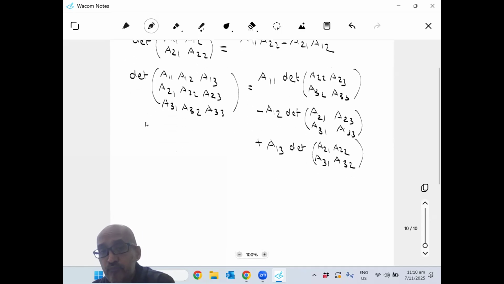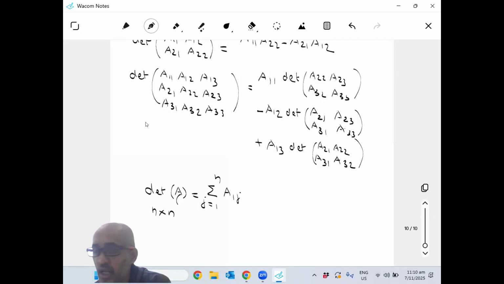Fine. Now more generally, you can compute the determinant of a matrix A of size n by n by taking the summation over j of the first row, jth column entry, times what is called the cofactor, which involves (-1) to the power 1 plus j.